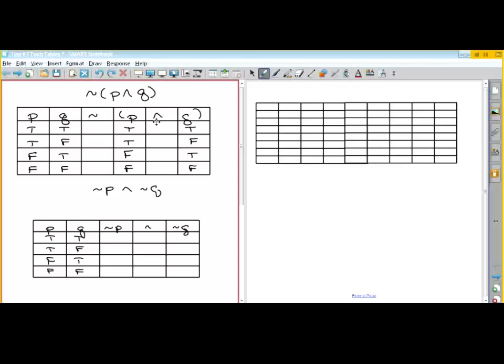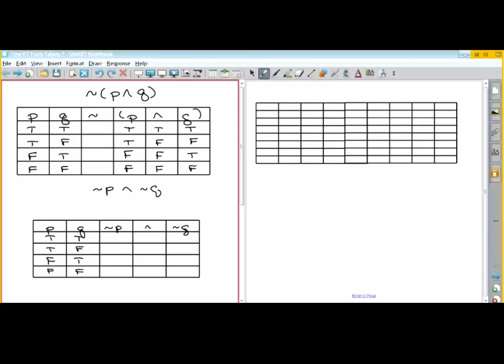The AND operator says that the only time you get a true result in this column is if both of them are true. You can see these are both true, so AND is true. If you don't have two trues, if you have at least one false or both false, then it's false. So when you have the AND operator, you always end up with more falses than trues.